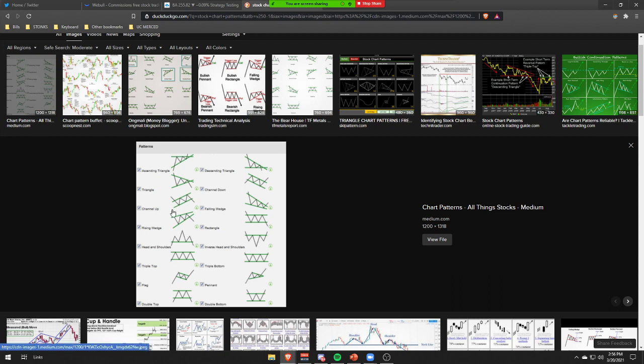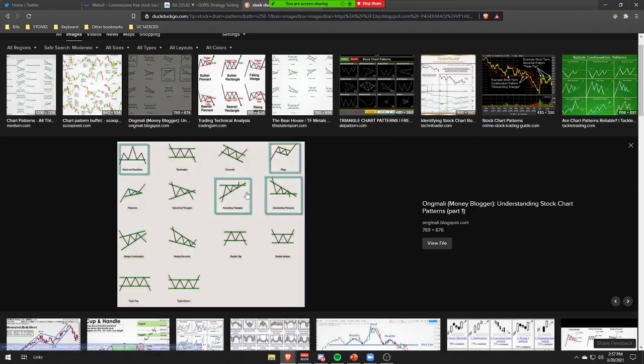Chart patterns. All right, cool. So hopefully you learned these. If you haven't, I would highly suggest you learn these. These are going to be a big key factor on developing plays and seeing which way a play would potentially break out.